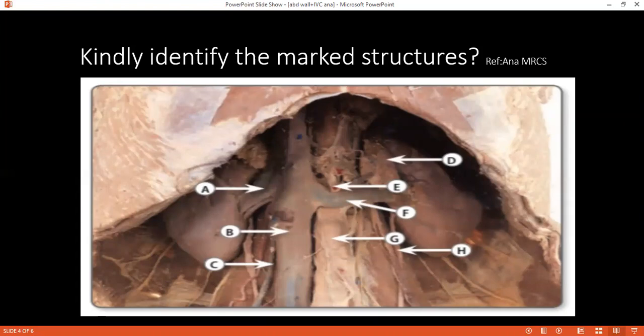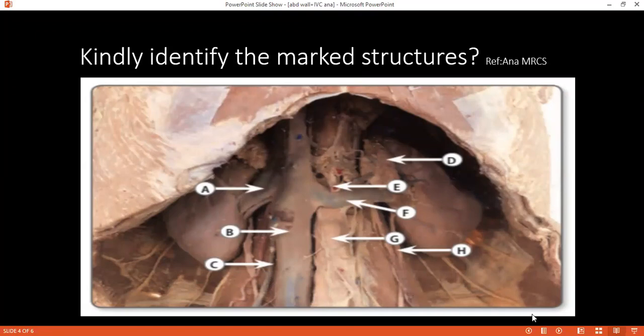Structure F is the left renal vein. I don't know about structure E. Structure G is the infrarenal aorta. Structure H is probably the ureter, and D is the suprarenal gland on the left side, ma'am.